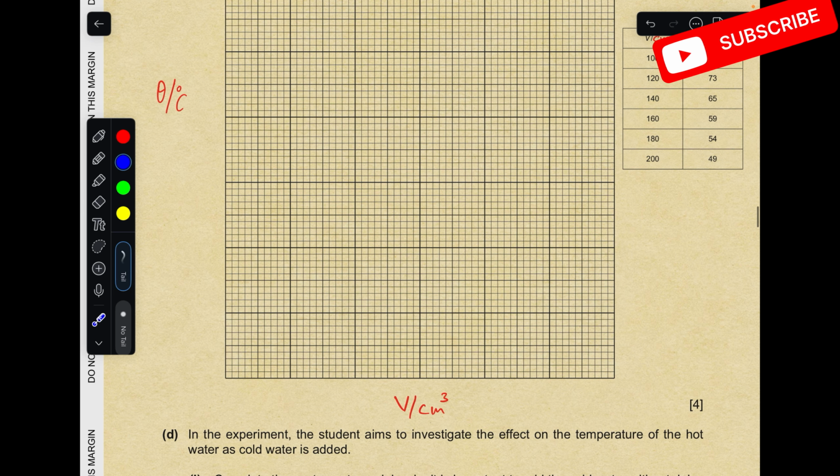So for the scaling, I can call this point 100. This will be 80, this will be 120, this will be 140, this will be 160, this will be 180, and this will be 200.